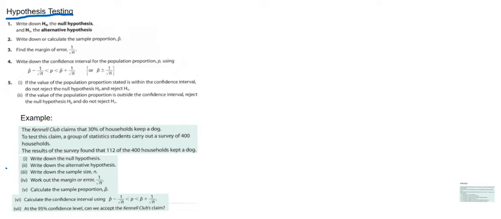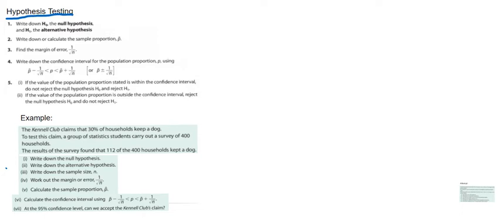Should have seen that before, and write down the confidence interval for the population proportion P, and that's all just finding out confidence intervals. Then the last part, if the value of the population proportion stated is within the confidence interval, do not reject the null hypothesis and reject H1, reject the alternative hypothesis. If the value of the population proportion is outside the confidence interval, then reject the null hypothesis, the H0, and do not reject the alternative hypothesis.